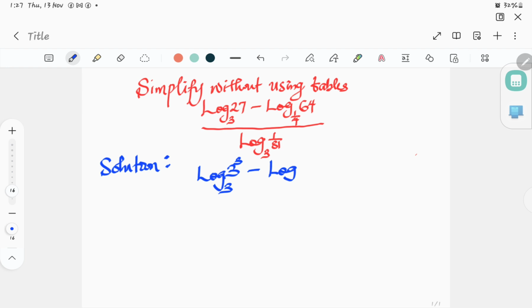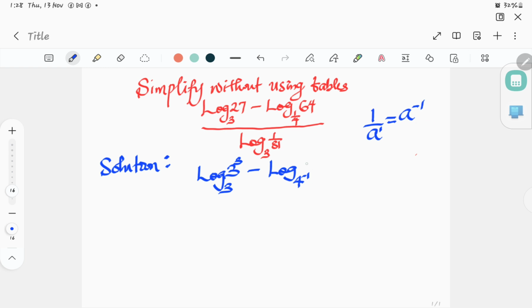Now 1 over 4 is the same as 4 raised to the power of minus 1. If you remember from some of the laws of indices, if I have 1 over a, it is the same as a raised to the power of negative 1. Since the power of a here is 1, we can always do this interchangeably.